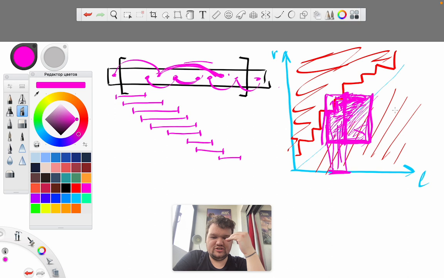So for each left border, find the closest right border so that on the segment between them there are two numbers that are not divisible by each other. Yeah, that is not that hard.